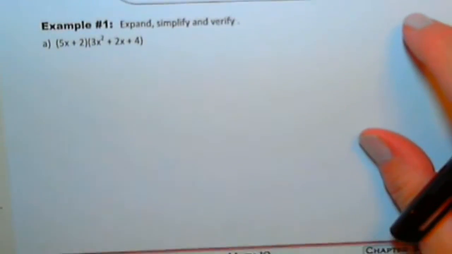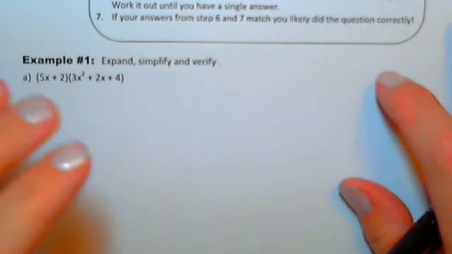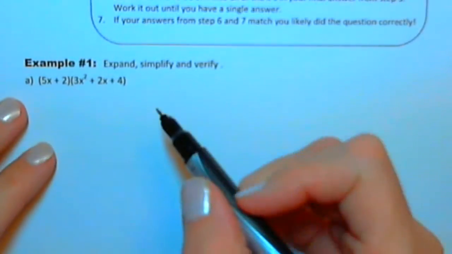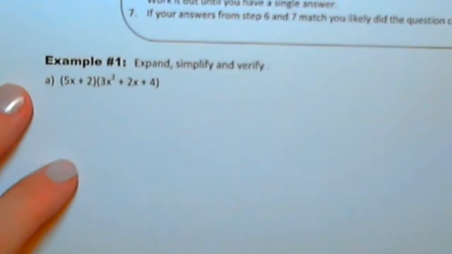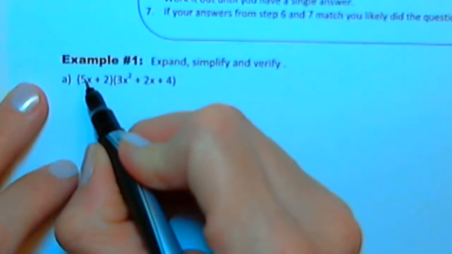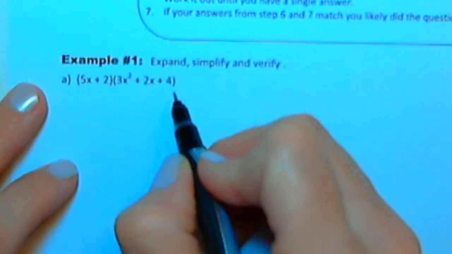Expand, simplify, and verify. So expand means to make larger. And so what I need you to do, let's just zoom this in a little bit, is you need to realize that this 5x needs to be distributed to everybody here.